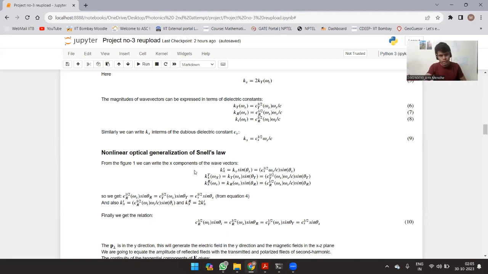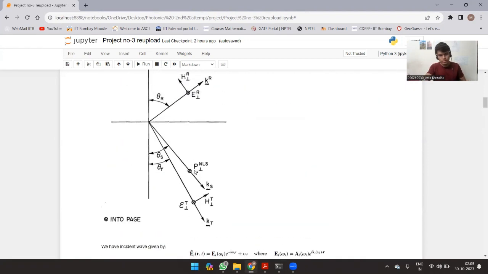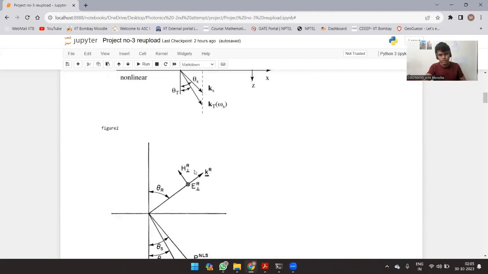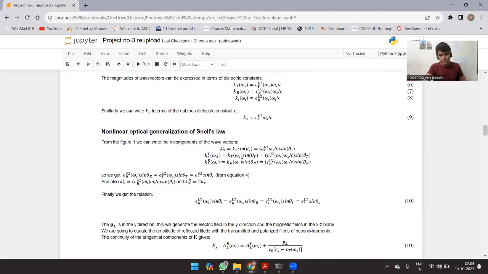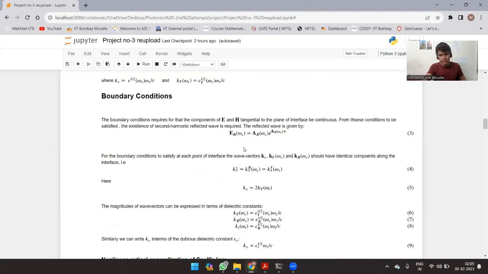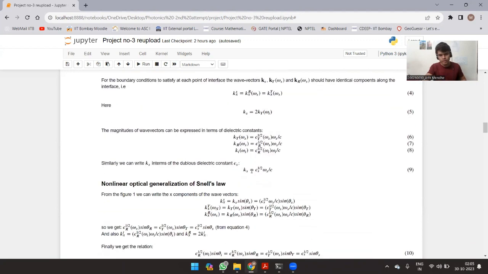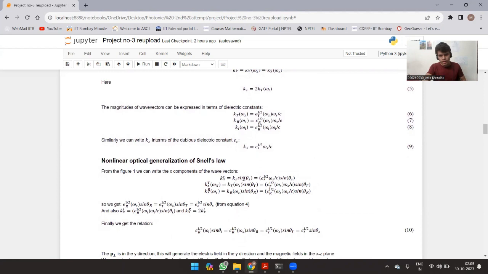So what we're doing here, if you take a look at this diagram, is equating the x components. We've done that over here, and we're looking at the corresponding sine thetas.